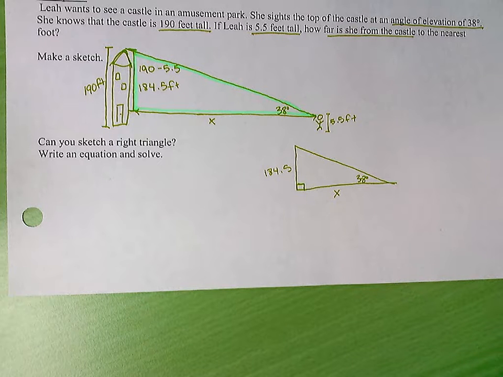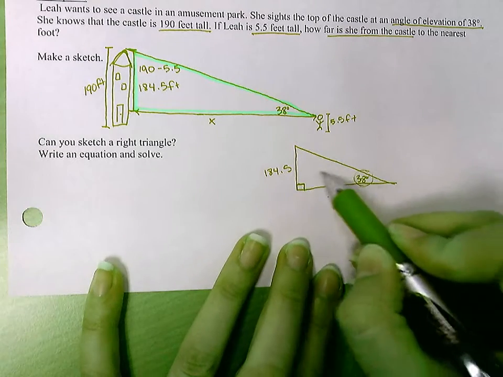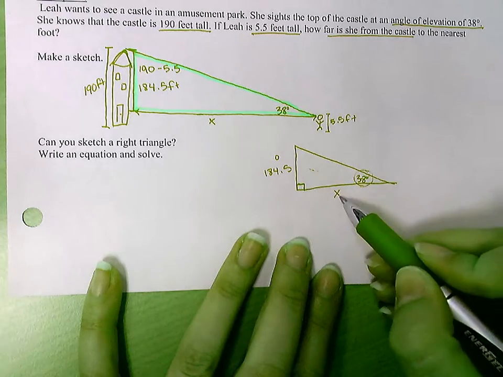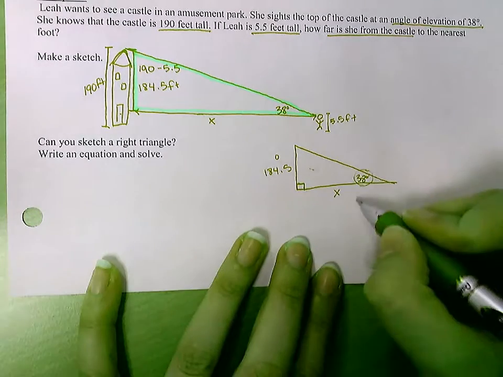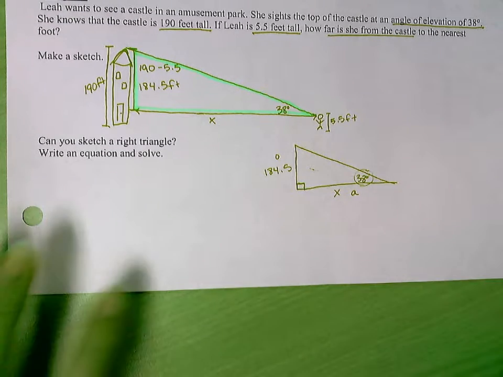I want to find one of my sides of a right triangle, so I'm going to use SOHCAHTOA. Going from this angle to the other side, that's my opposite side. And the side next to it, where I labeled X, is the adjacent side. So I have O and A, so I'm going to use tangent.